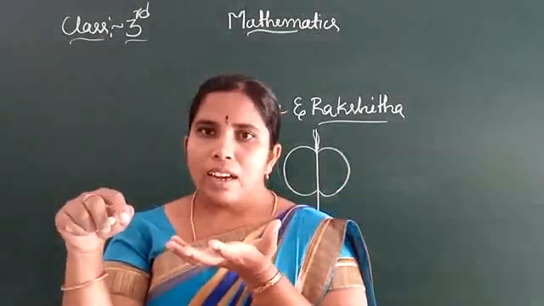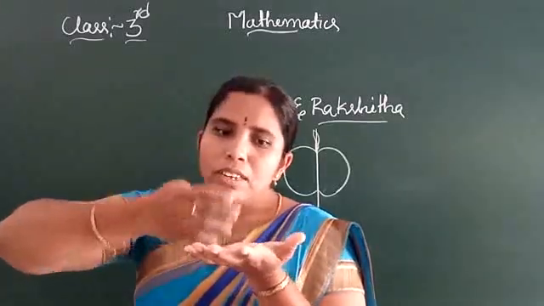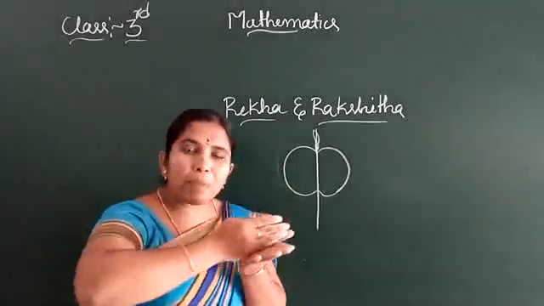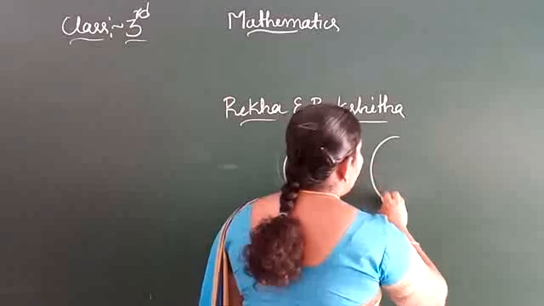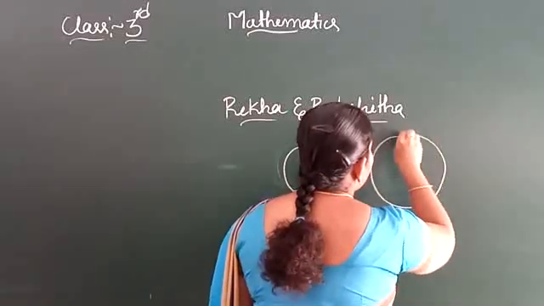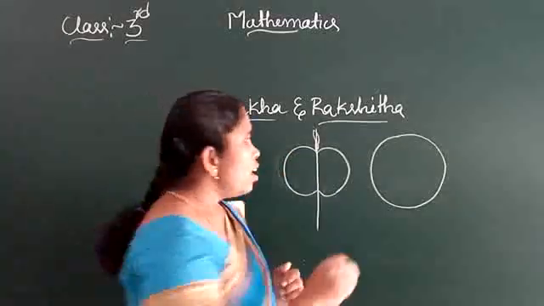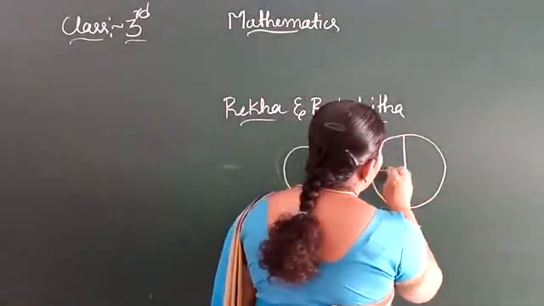That cake is equally divided into 8 parts. Imagine that the cake is in the shape of a circle. So this cake is divided into 8 equal parts.